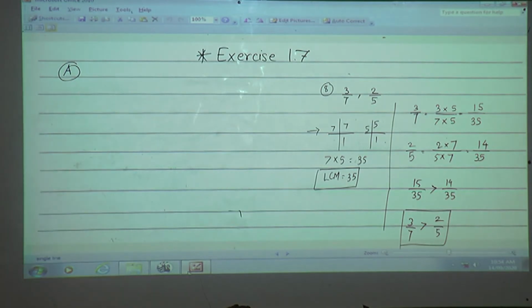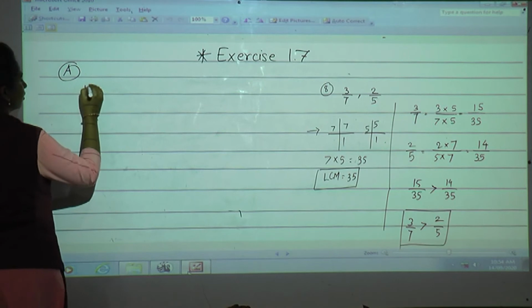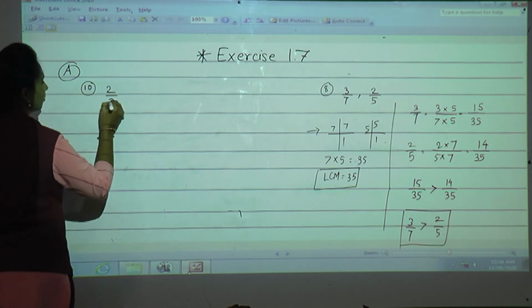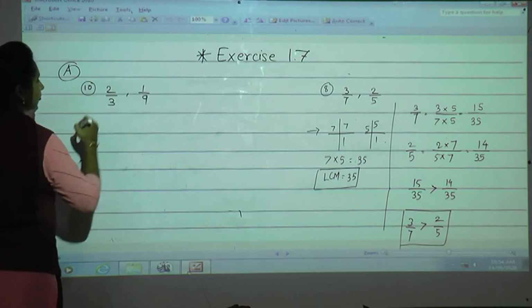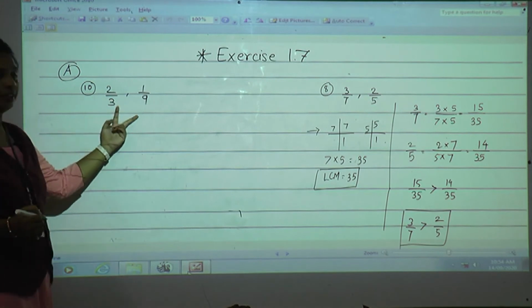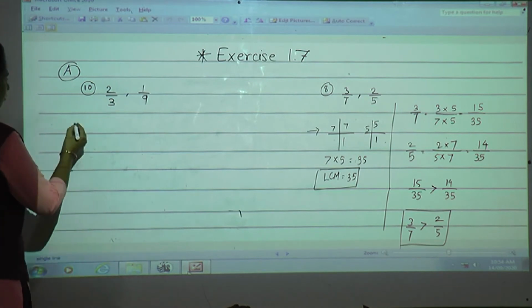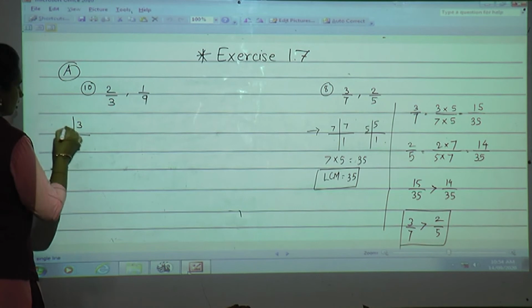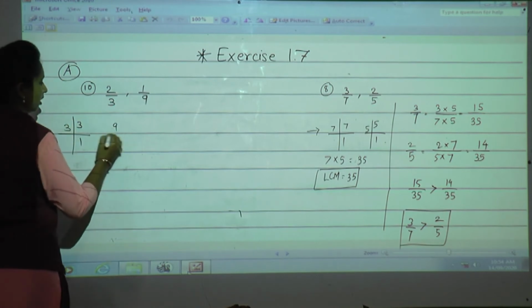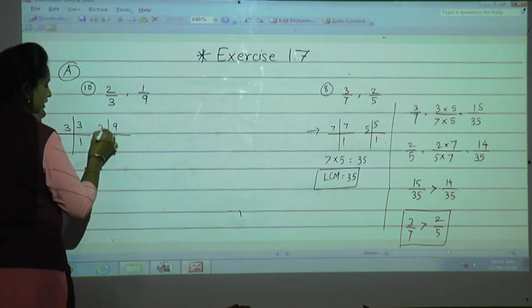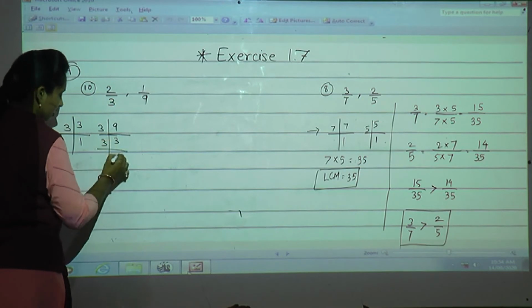The 10th one I will solve. 2 upon 3, 1 upon 9. Now denominators are different. We need to find out the LCM. So first 3 ones are 3. Now 9. 3 3s are 9. 3 ones are 3.